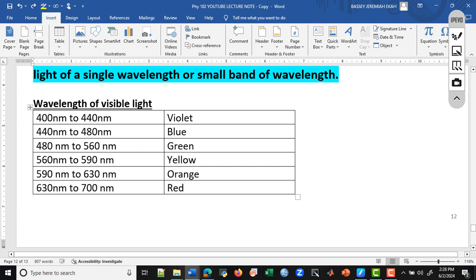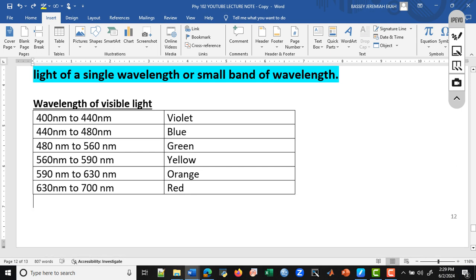So green has 560 nanometer at one point here, and then yellow light also has 560. And that statement said that at this point, our eye is most sensitive to light.